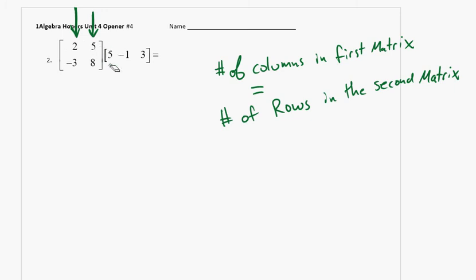Well, that means in the second matrix, we would need two entries in the first column, which would mean that we would need two rows in the second matrix. So the idea here is that matrices can only be multiplied together if the number of columns in the first matrix is equal to the number of rows in the second matrix.